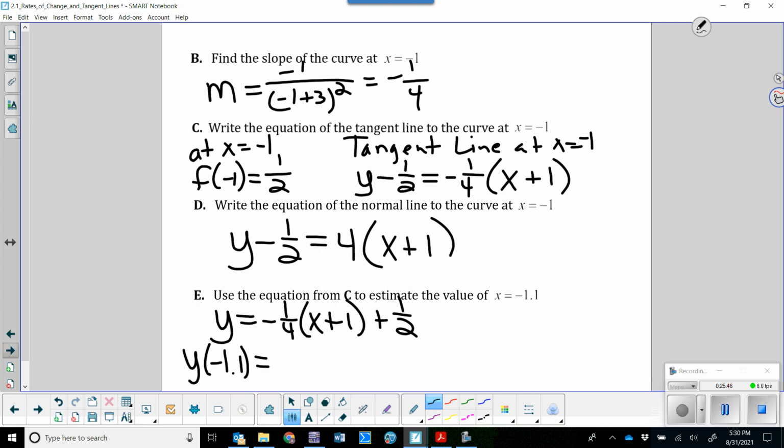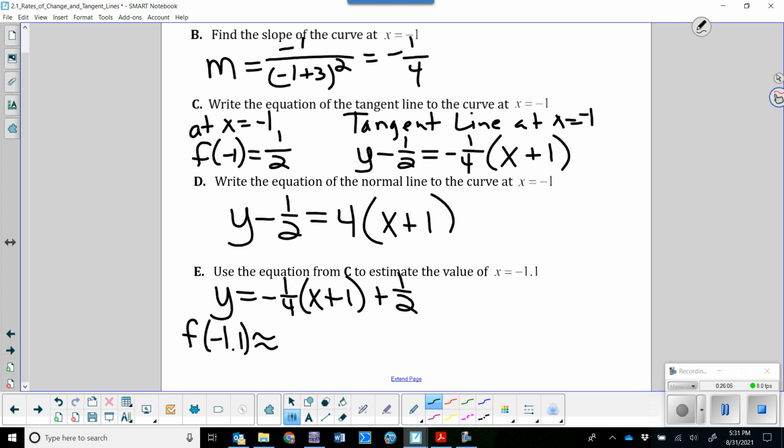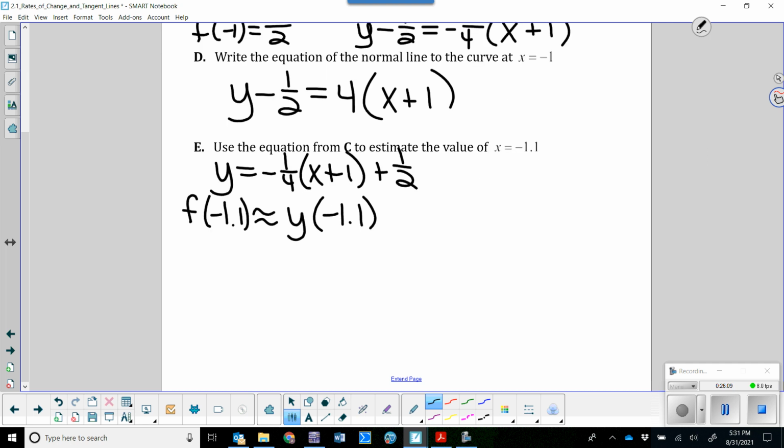Or you can write f of negative 1.1. Actually, we're estimating f of negative 1.1. That's going to be approximately equal to what happens when I plug negative 1.1 into y. So it's going to be approximately y of negative 1.1 because y is the tangent line, f is the function.